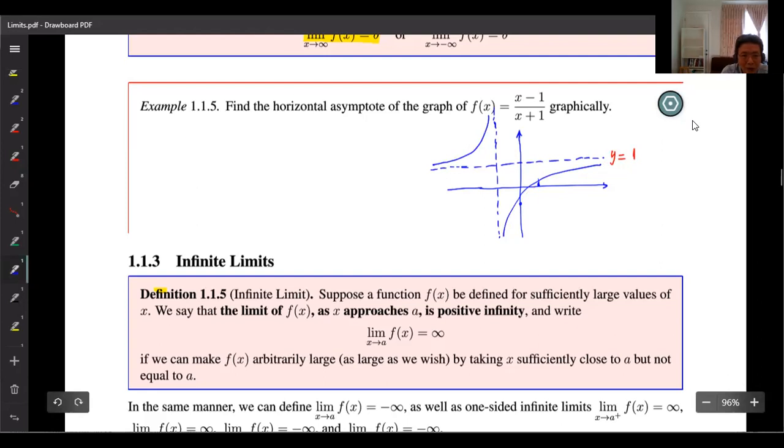This is the complete sentence: the horizontal asymptote is y equals 1. Never say 1. It's not correct. 1 is a number. Even though it's related to this line, it's not correct. It should be a line. The horizontal asymptote should be a line, so it's the equation.